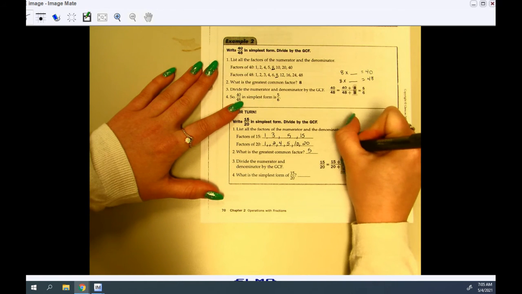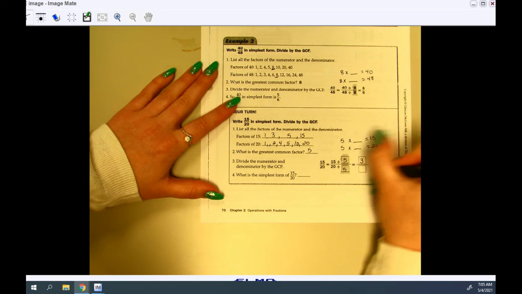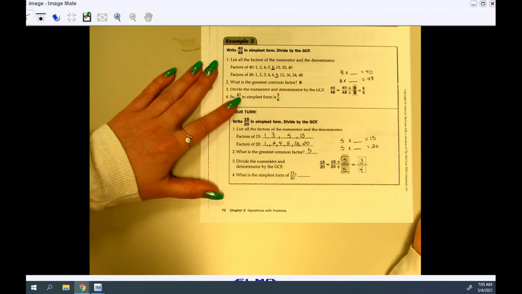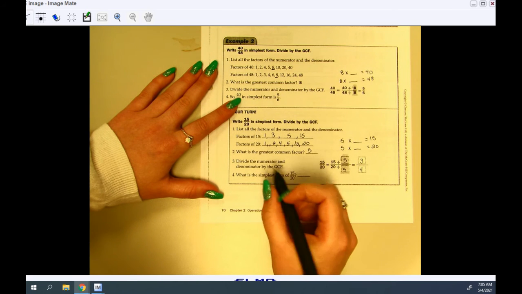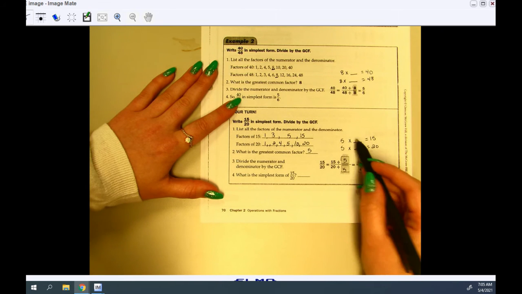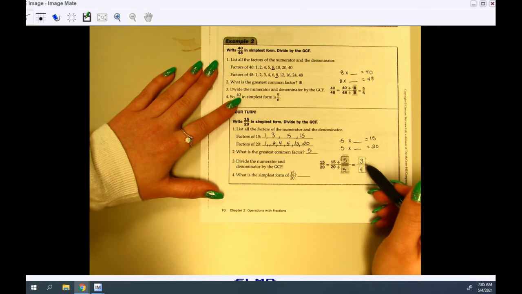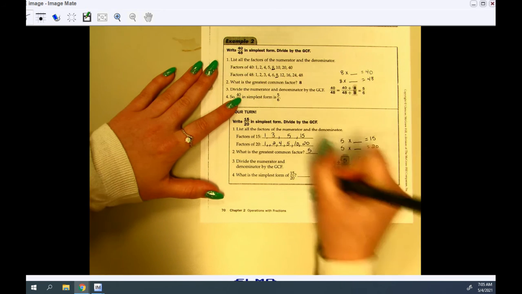Then, for the bottom, 5 times what number gives us 20? 5 times 4 gives us 20. Another way you can figure this out is to look at the numbers you paired up together. Whatever that opposite number is that you said equals 15 or 20 is what goes in this blank or right up here. So 15/20 in its simplest form would be 3/4.